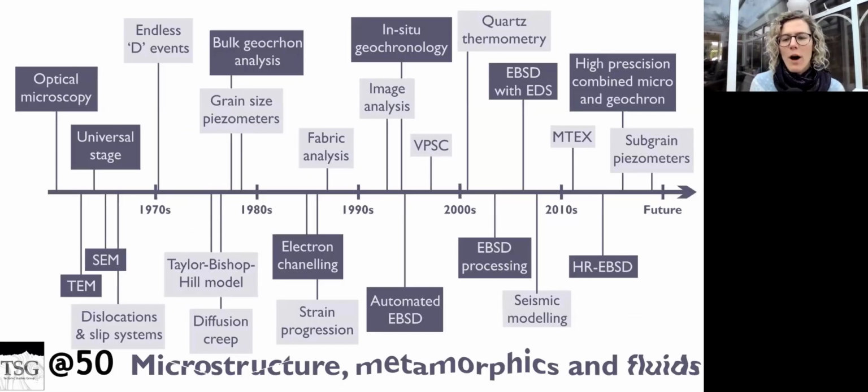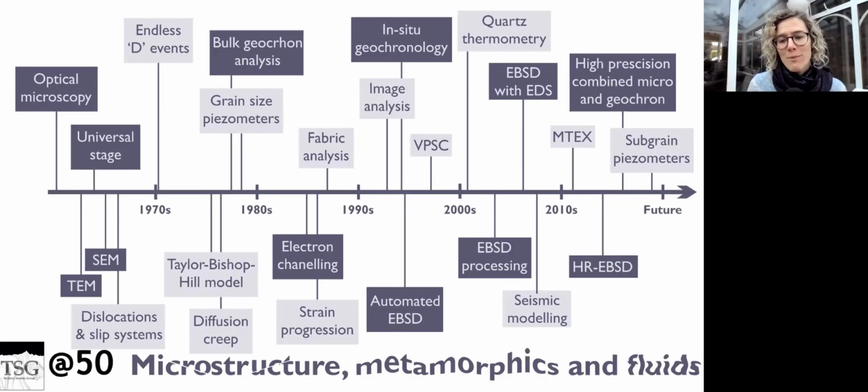So in summary, we've come a long way in the last 50 years, from endless D-events and problems with bulk analysis to developments in high-precision in situ methods, including SEM, laser ablation, and EBSD. It's now possible for us to analyze fabrics, quartz temperatures, and subgrain piezometers, combining all of these techniques to link ages to deformation events, but keeping those fundamental field relations and hypotheses, as John pointed out, at the core of what we do.